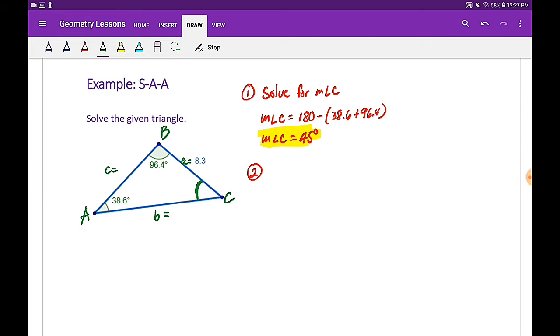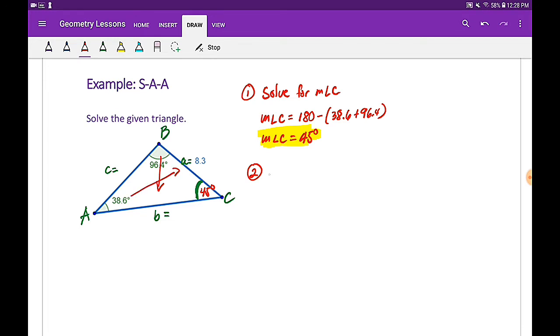Let's start with the length of side B. Let's see the pairs that we have here: angle B and side B. We already know that this angle is 45 degrees, so we could use either of the two angles. However, the angle opposite 45 degrees is still unknown, so we're going to be using angle A and side A. It's going to be these two right there.